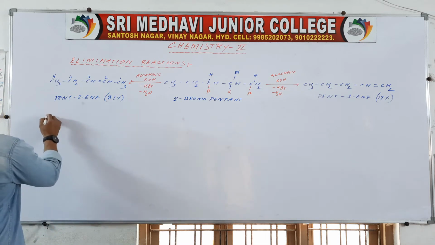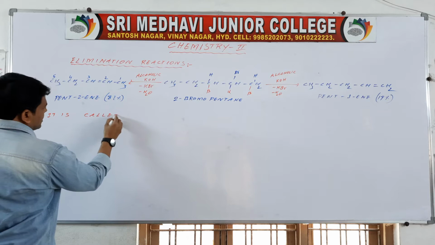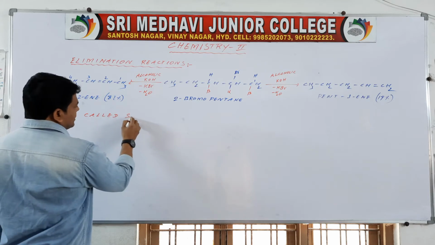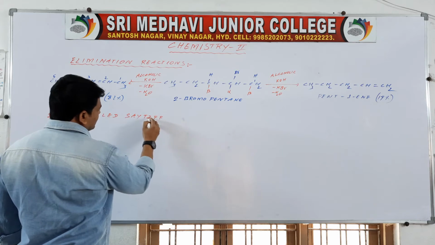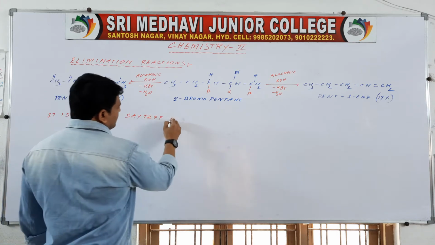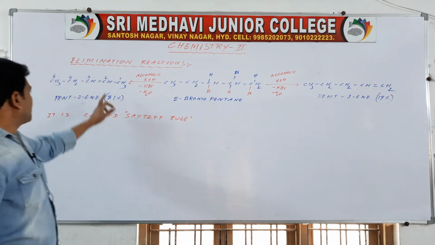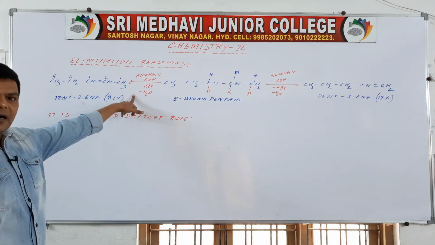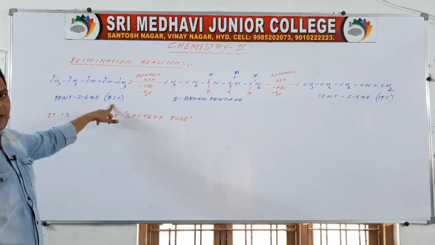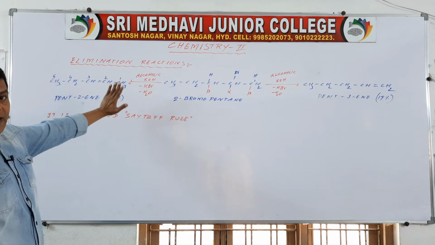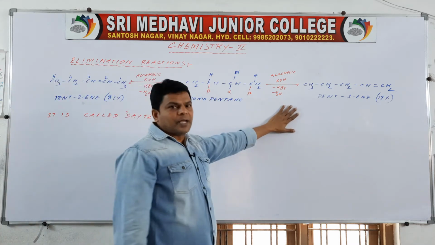It is called Saytzeff's rule. Beta elimination of hydrogen takes place, and the alkyl carbon atom attached to more alkyl groups gives the major product. The carbon atom attached to fewer alkyl groups gives the minor product.